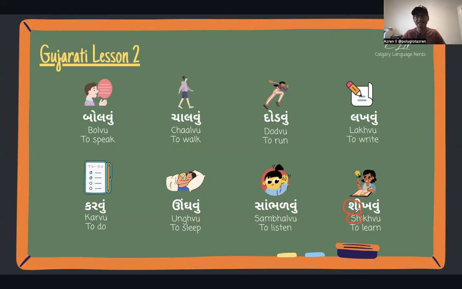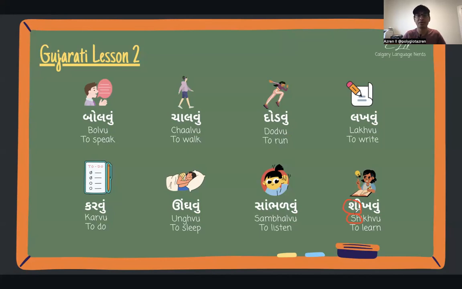The word for glasses is chashma, but many people say chasma. Or the word for a pillow is oshiku, but many people say osiku with a sa instead of a sh. A final example is the word shu. Shu means what, but many people don't say shu, they say su. That's what they say instead.